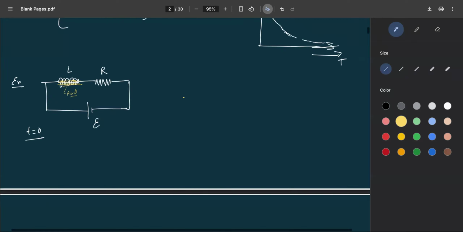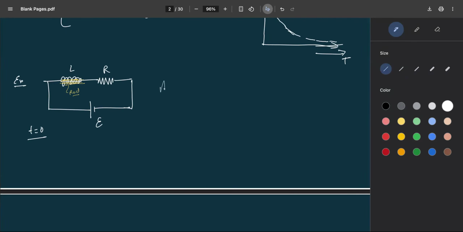Look at this. After steady state, a rod is inserted in this loop or the coil or the solenoid, the inductor.